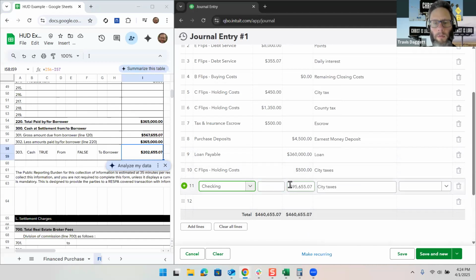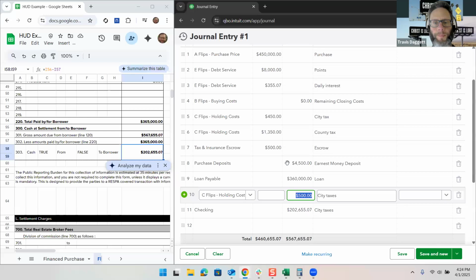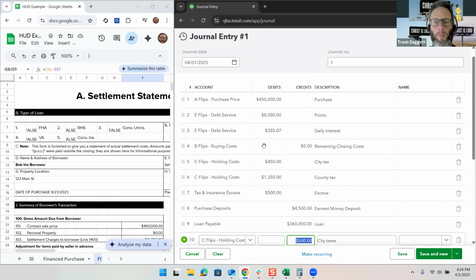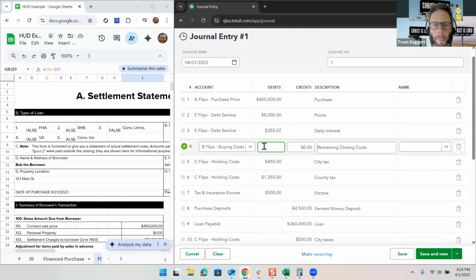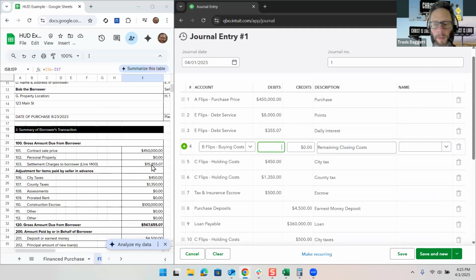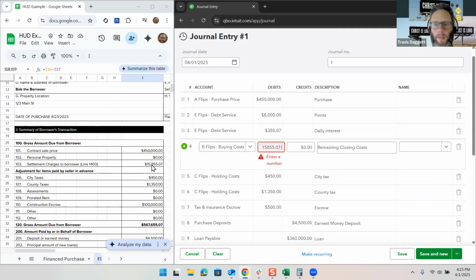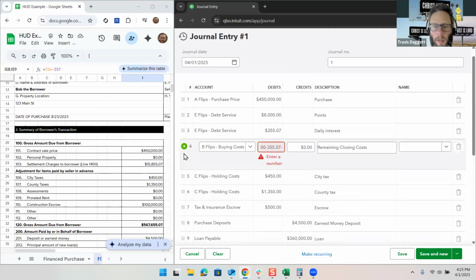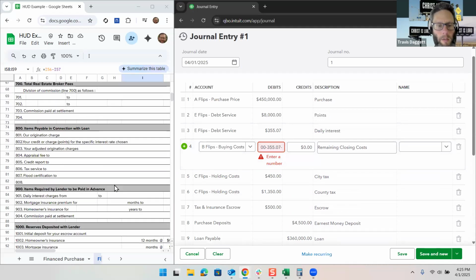Oops, I did something wrong, because it should be 202,655.07. Let's see what I did wrong. Oh, I forgot to put this back in. That's right. Okay, so we have 15,855.07 minus our points, minus daily interest, minus, what else do we have down here?